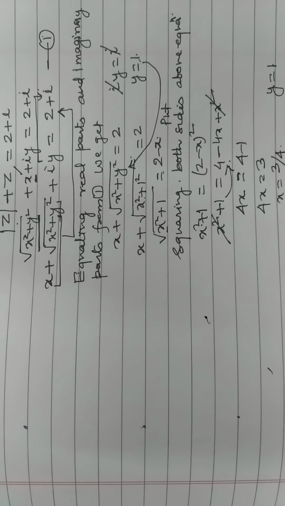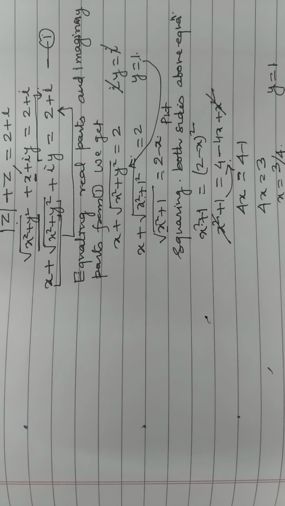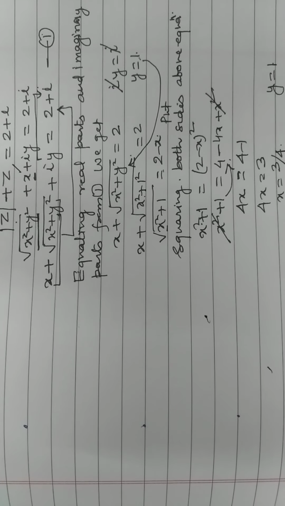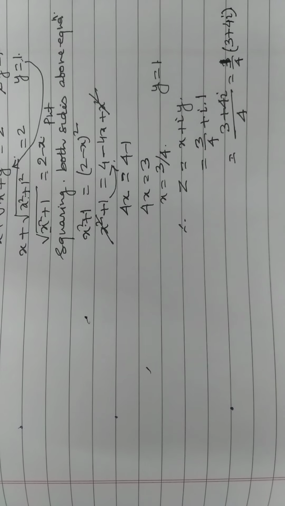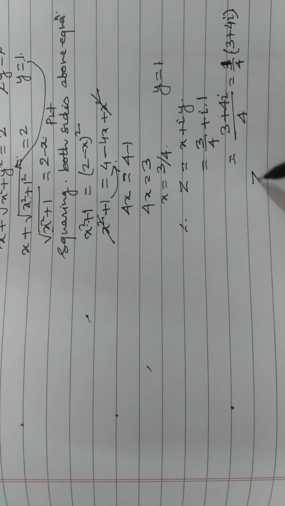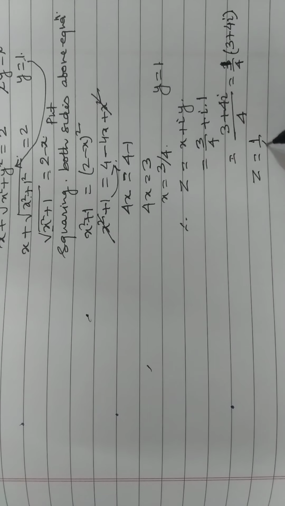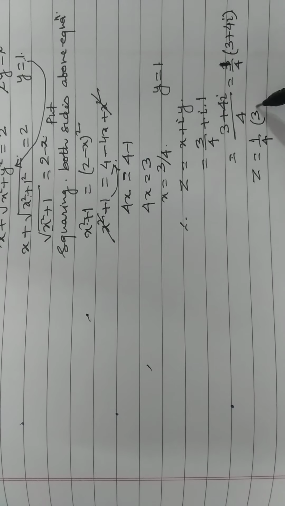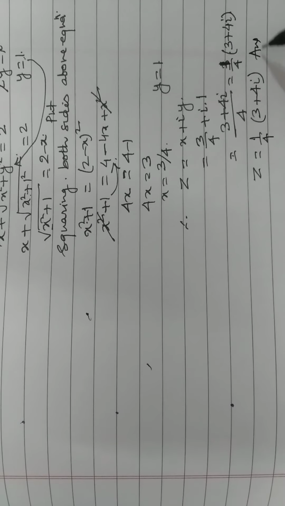So this can be written as 1 by 4 under bracket 3 plus 4i. So this will be the value of z. 1 by 4 times 3 plus 4i is the answer of this question.